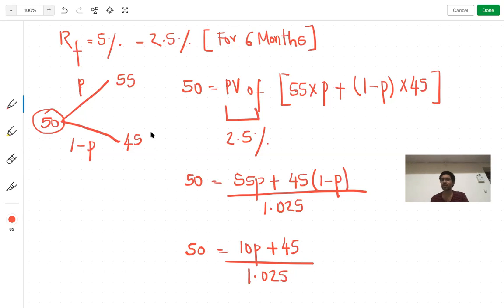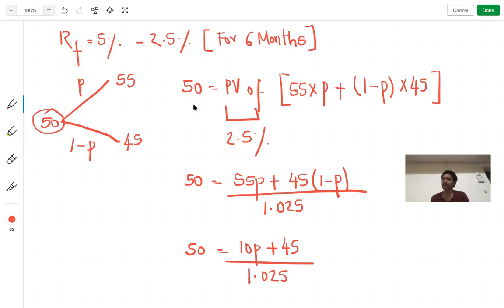The future cash flow here is the share price at t equal to 6, because we have not assumed any dividend, which means dividend is equal to 0. So from the viewpoint of a risk neutral investor, the price should be the present value of the expected future cash flow discounted at the required rate of return, which for a risk neutral investor is nothing but 2.5%.